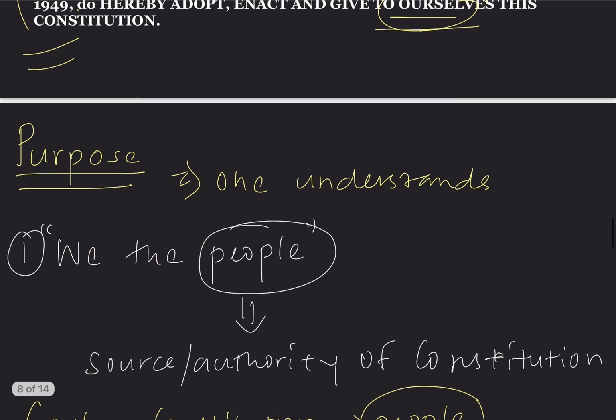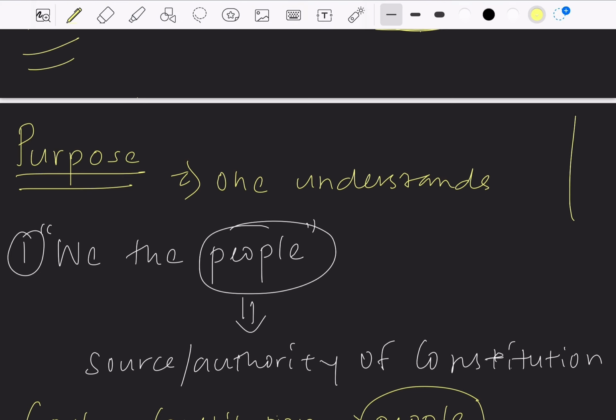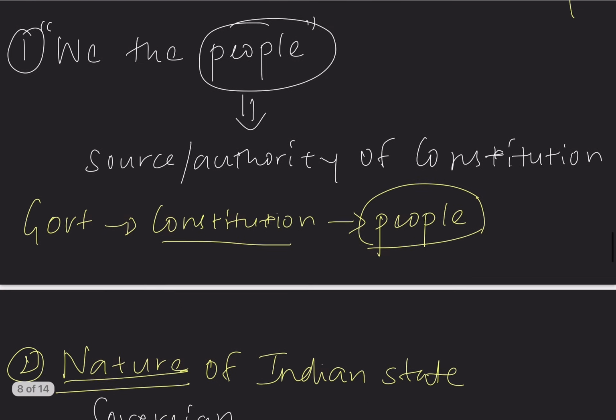So, the first purpose that the preamble is telling us, the people are supreme, or people is the source of authority of Constitution.